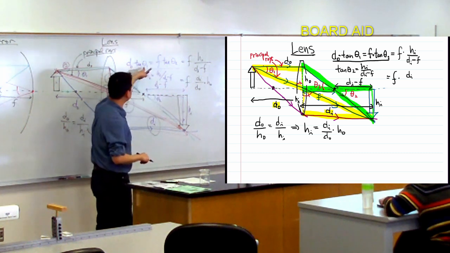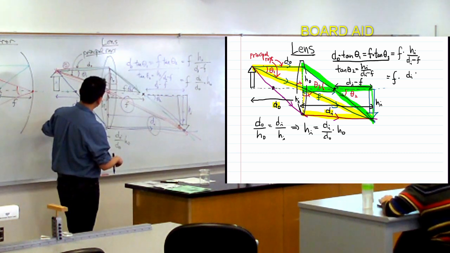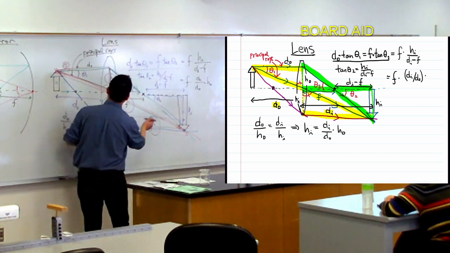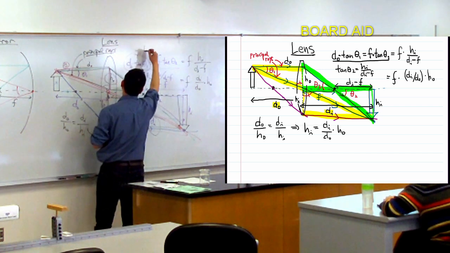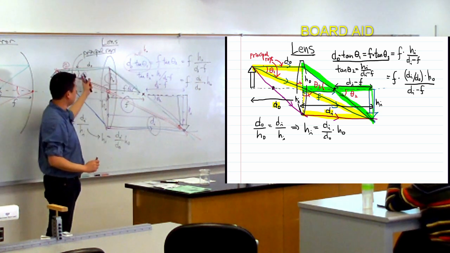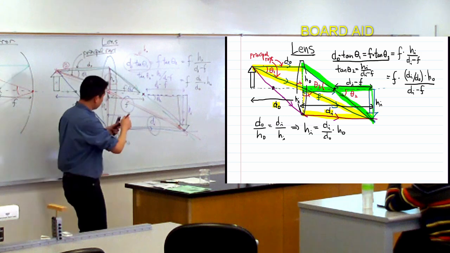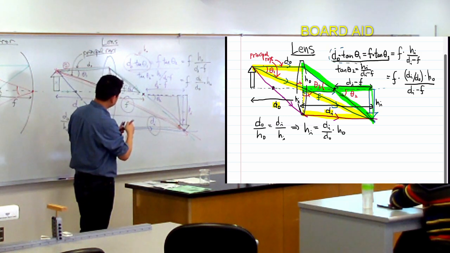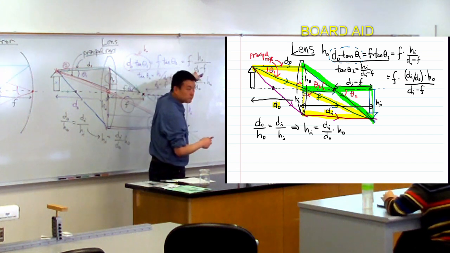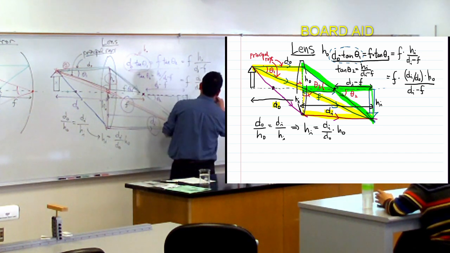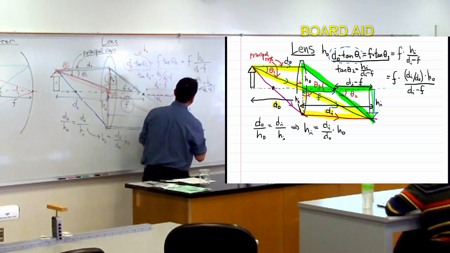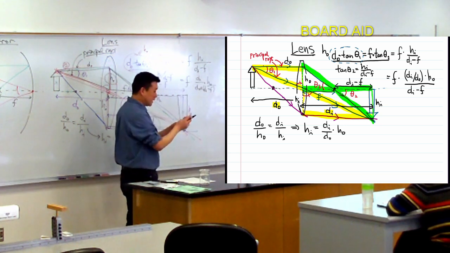HO was related to tangent theta 1. So in fact, I think this entire expression was supposed to be HO, right? DO times tangent of theta 1. Yeah. Oh wait, I skipped something, right? Yeah, let me write that in: times DI minus F.